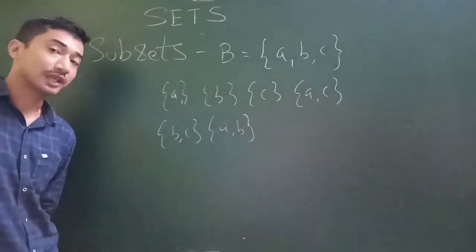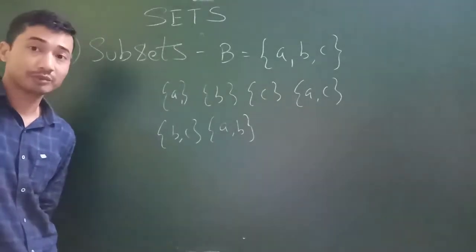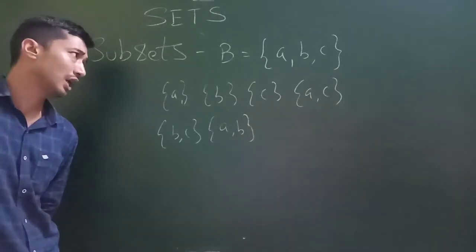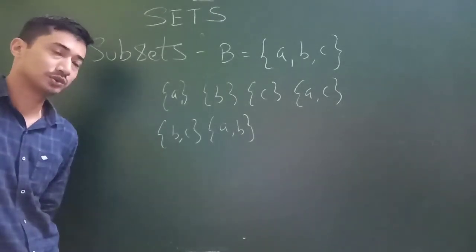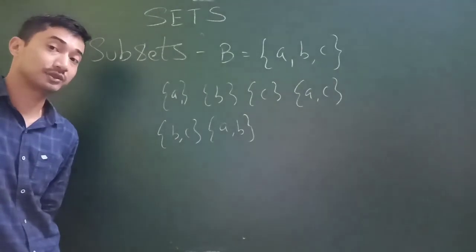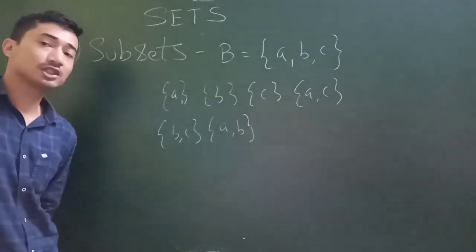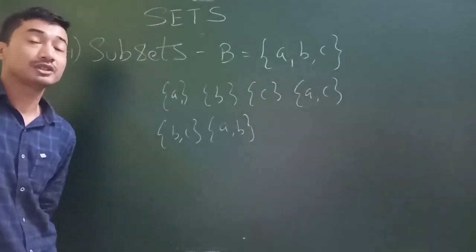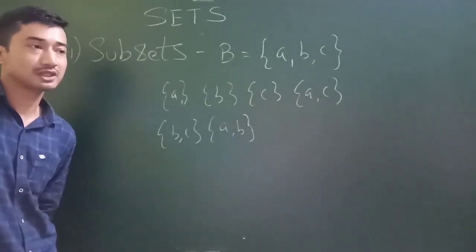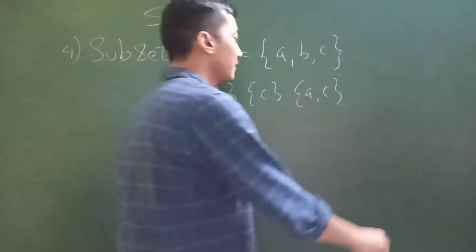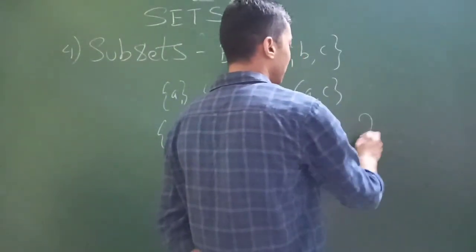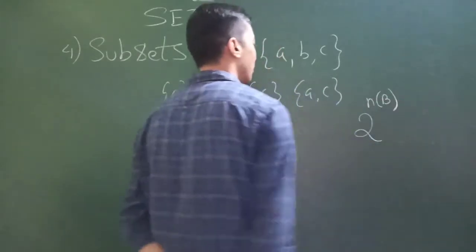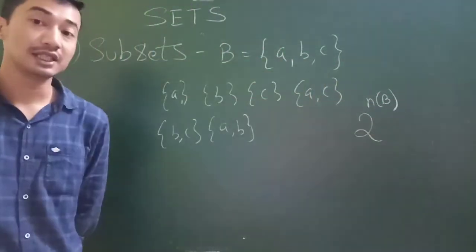So how many more can we have? I'm going to tell you, you can have 8 subsets here. So what are the other 2? That's really going to help us. There's a small formula, a small trick, to find out how many subsets I can draw from a given set: the number of subsets is 2 to the power n, where n is the number of elements in your given set.